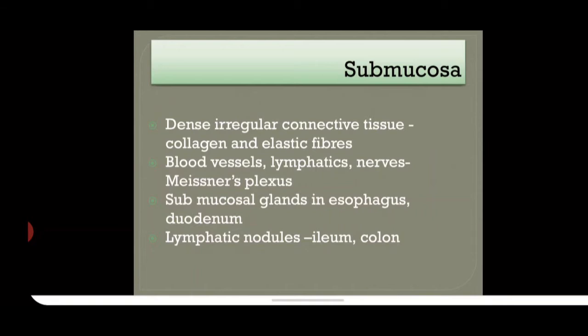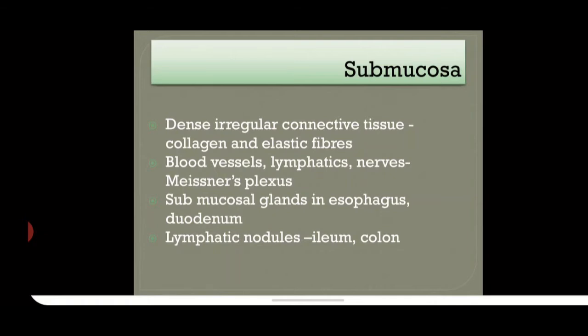If you see the submucosa in the GIT, it will consist of dense irregular connective tissue, blood vessels, nerves. Nerves are the Meissner's plexus in the submucosa. And in this GIT, submucosal glands are present only in 2 parts, with that we can identify the slides: esophagus and duodenum.